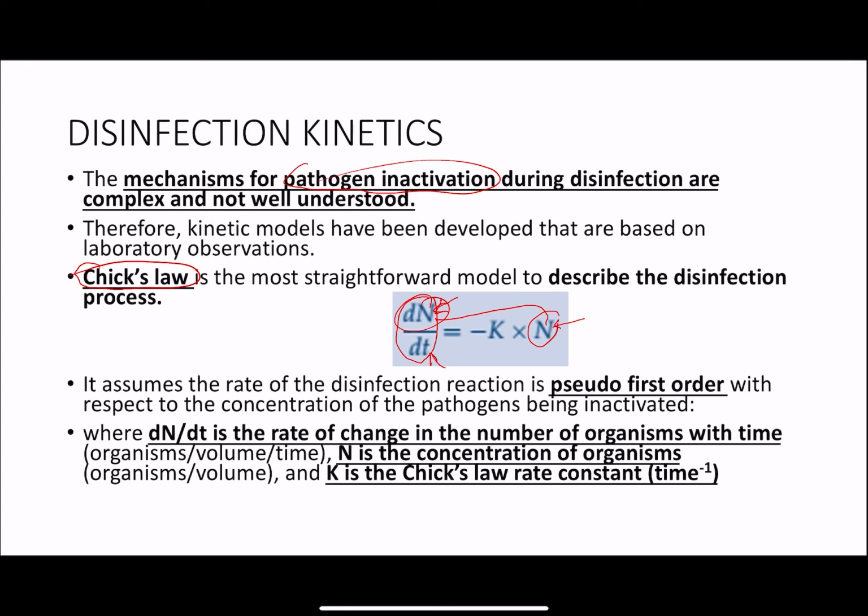And k, this is Chick's law rate constant. And that's why it's minus, because the microorganisms are decreasing. And it's also assumed that this disinfection reaction is following a pseudo first order reaction, of course, with respect to the concentration of the pathogens being killed or inactivated.